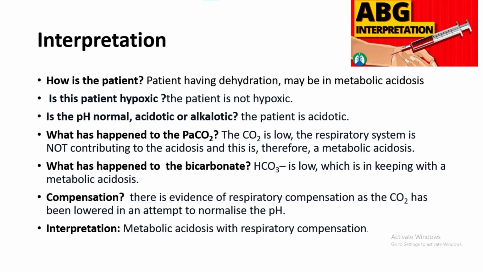What has happened to the bicarbonate? HCO3 is low, which is in keeping with a metabolic acidosis. Compensation: there is evidence of respiratory compensation as the CO2 has been lowered in an attempt to normalize the pH. Interpretation: metabolic acidosis with respiratory compensation.